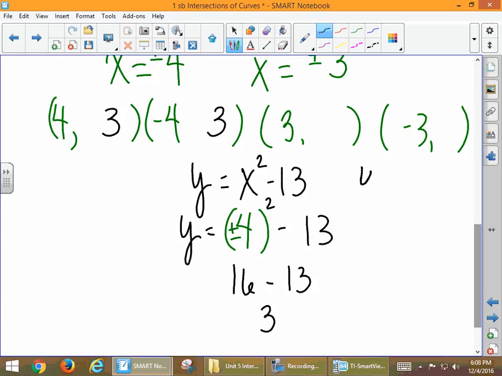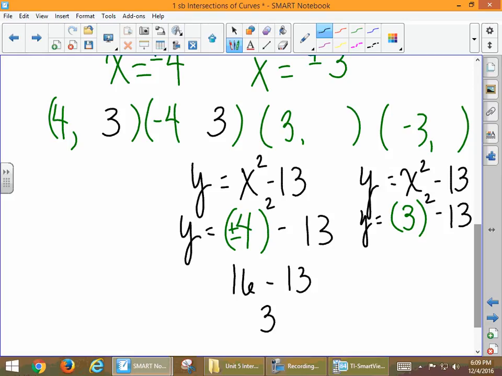We need to do the same thing for y equals x squared minus 13 with the value of negative 3. And once again, when we put negative 3, or we put 3 back into this equation for x, and we square it, 3 squared is 9 minus 13, which is negative 4.